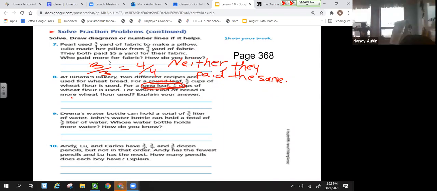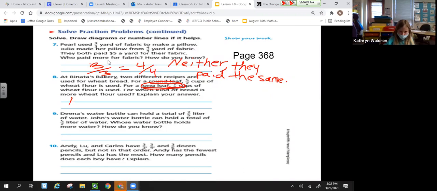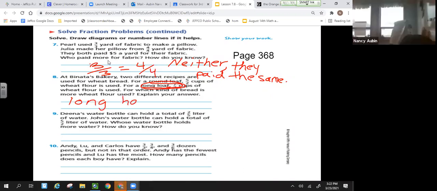Help her out. Which one? Because 7 is bigger than 5. But they're asking you which loaf. So make sure you read the question. The long loaf, because 7/2 is greater than 5/2. Right? But you should have said long loaf.